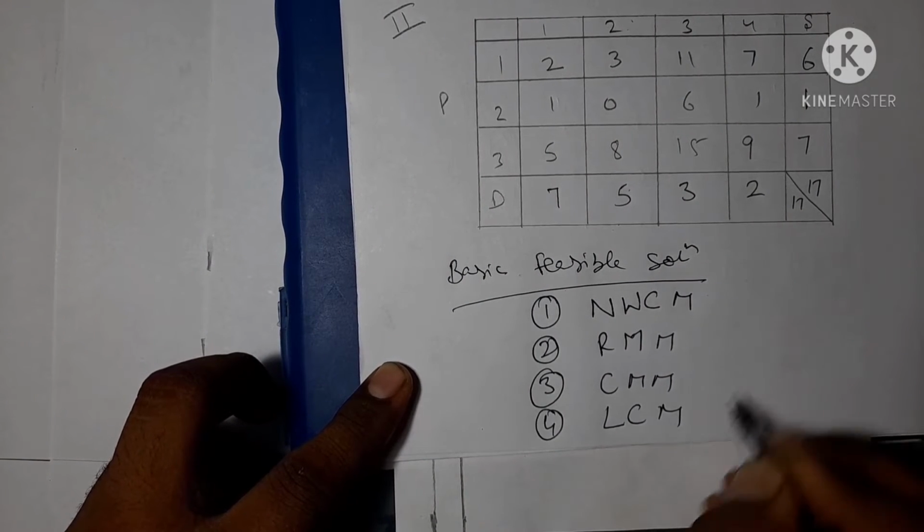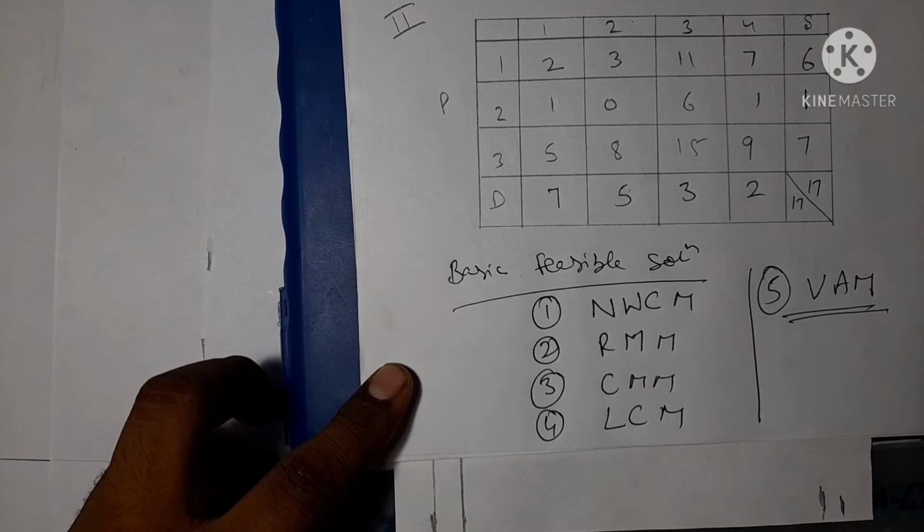First is north-west corner method, second is row minima method, third is column minima method, fourth is least cost method, fifth is Vogel's approximation method.